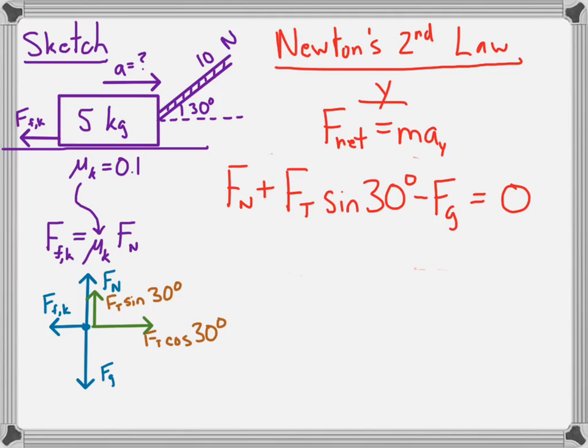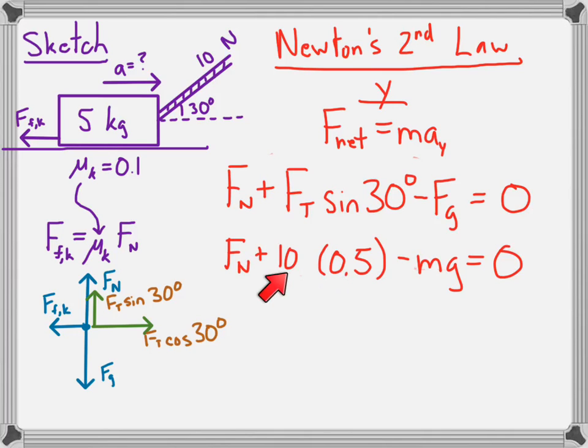They give me the tension force. I can also write this as m times g, and I know the sine of 30 degrees is 0.5, so let's make those replacements. F net plus 10 times 0.5 minus mg equals 0. Well, I can evaluate this, and I know the mass is 5 kilograms, g is 9.8.